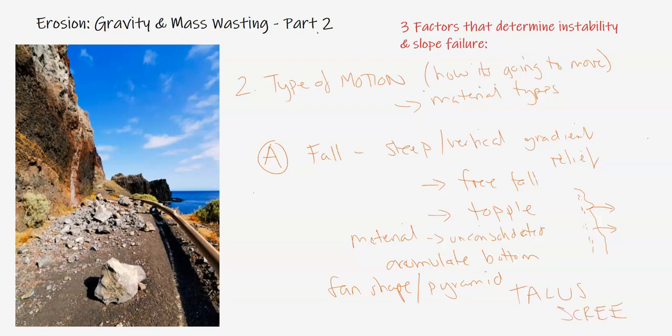Like, if you have a little cliff right here and there are rocks falling off, they would accumulate down here, and this slope of accumulation of material that has fallen down over time would be called talus or scree.